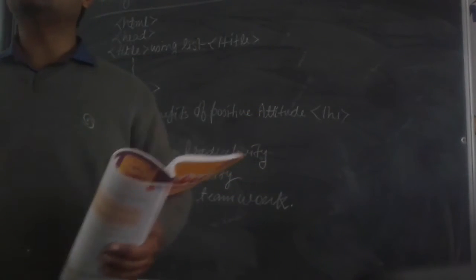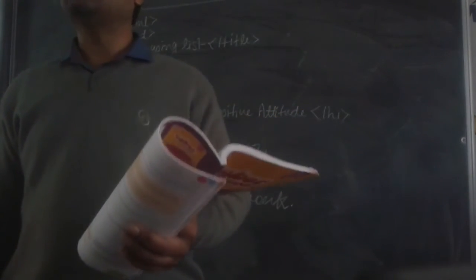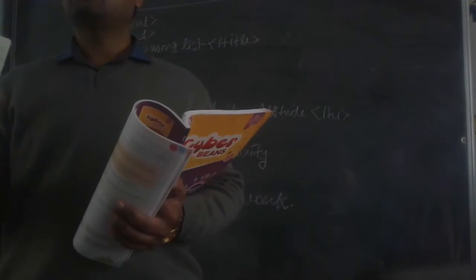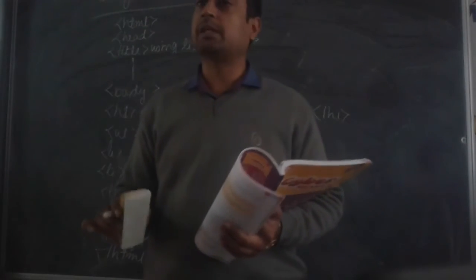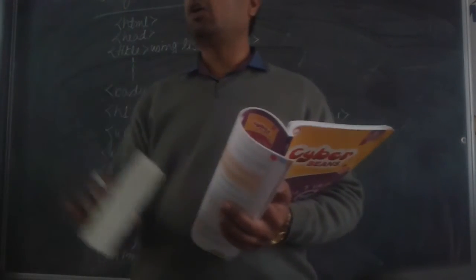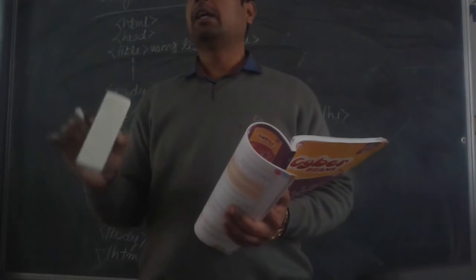Come to page number 122. On this page, description list is there. In ordered, again I am telling, the values are integer, Roman, small Roman, capital Roman, small alphabet, capital alphabet, and in unordered, circle, disk and square. Now the next is our description list.